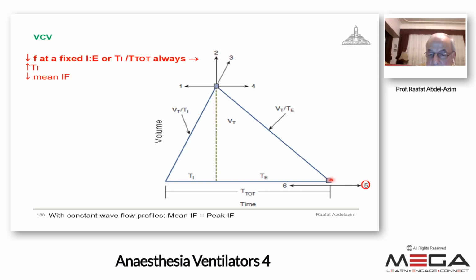Increasing the respiratory cycle time means reduction in frequency. But if we keep the I:E ratio constant, this will lead to an increase in both inspiratory and expiratory times, and the mean flow during expiration will be less. Moving this point to the left side, to point number 6, means the reverse of these effects.